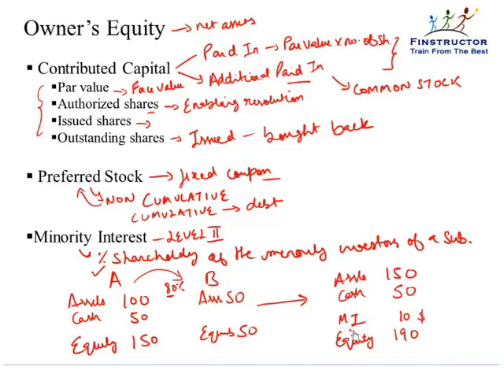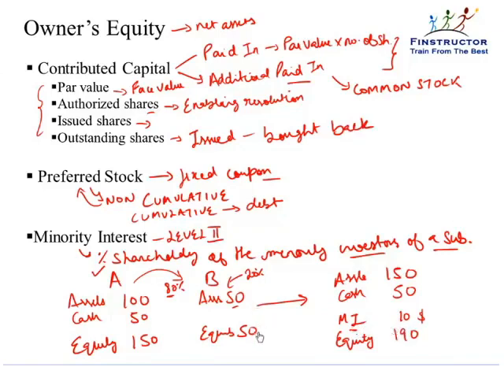This minority interest represents that the entire asset is not ours. 20% belongs to the minority shareholders of B, or the minority shareholders of the subsidiary. Is there a guaranteed time at which I have to return this 20% or this $10? No. Are there any fixed obligatory payments or coupons that I have to pay to these minority investors? No. Hence, minority interest is a liability that is similar to equity.